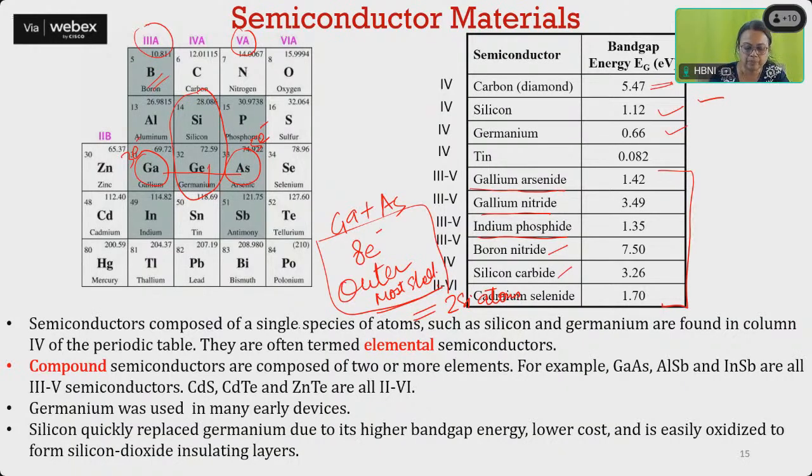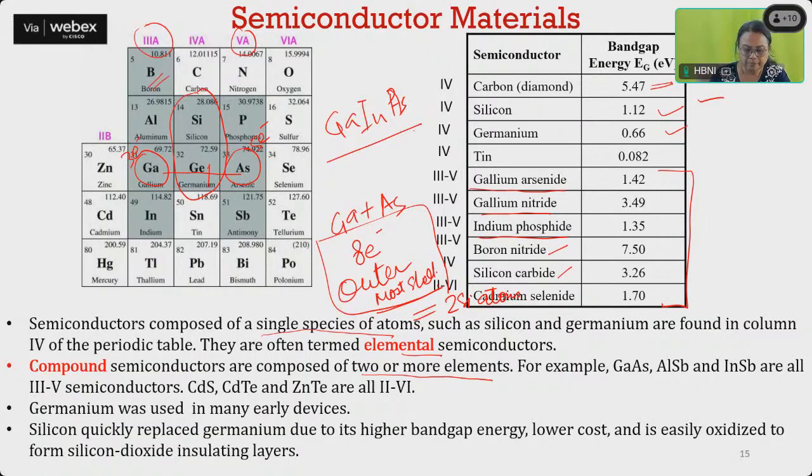A semiconductor composed of a single species of atom, like carbon, silicon and germanium, found in the fourth column of the periodic table, is an elemental semiconductor. Whereas compound semiconductors are composed of two or more elements. Like we can have gallium, indium, phosphide, or gallium, indium, arsenide. We can have a combination of them.